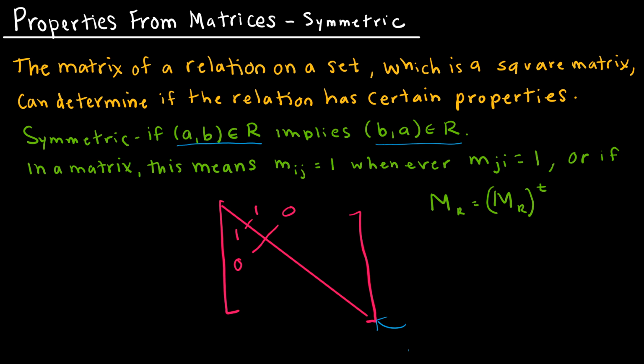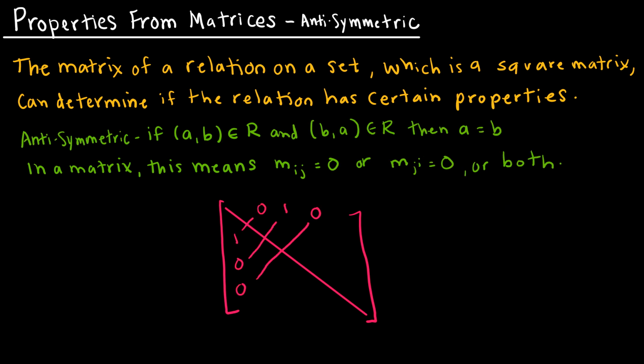The other way is to check whether the matrix is equal to its transpose. Remember, the transpose takes all of my columns and turns them into rows. Would it be the same matrix? The easiest way for me is to fold it along that first diagonal, and if ones match with ones and zeros with zeros, then we're okay.